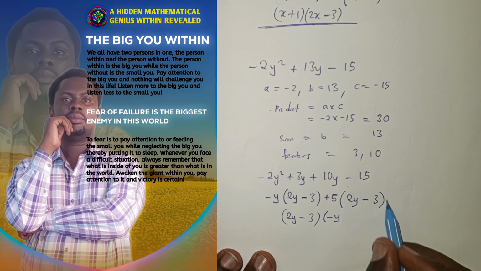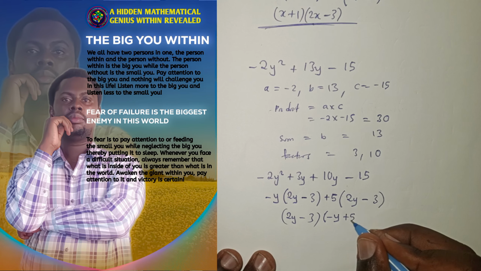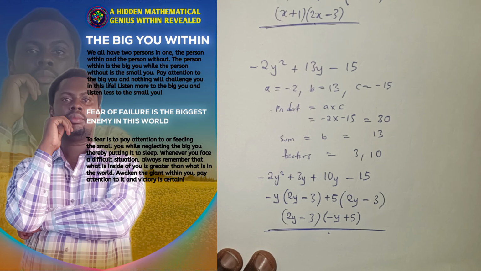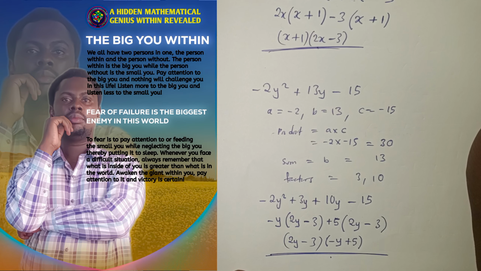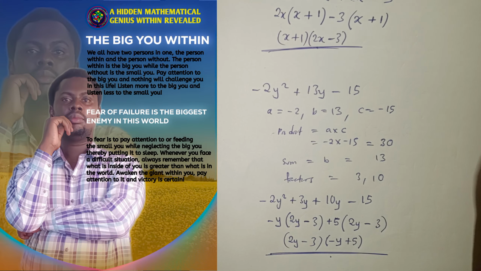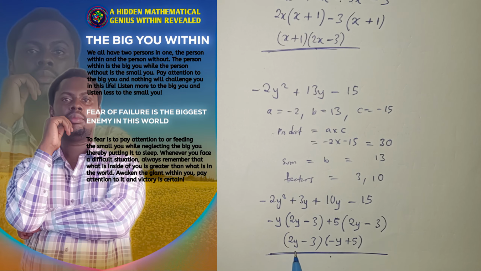When we divide out 2y minus 3, we remain with what? Plus 5. So we have factorized negative 2y squared plus 13y minus 15 using the searching method, and the result is the product of 2y minus 3 and minus y plus 5.